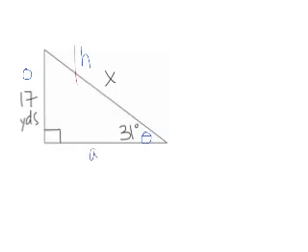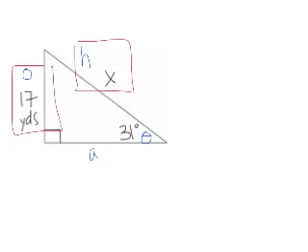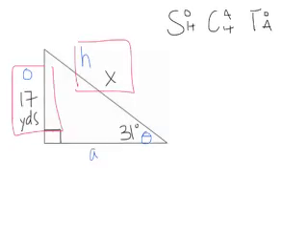I notice that I want to find things with my opposite and hypotenuse. So if I recap and think of my SOHCAHTOA, I want to figure out something with O and H, so I'm thinking sine.